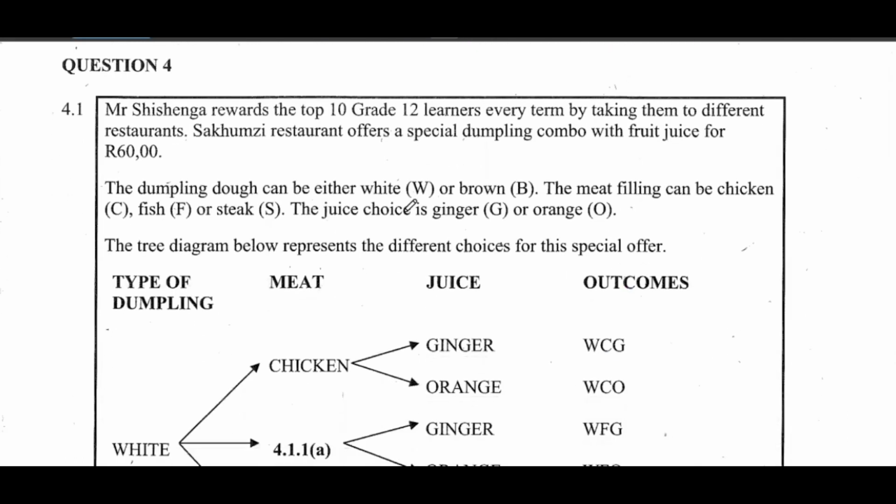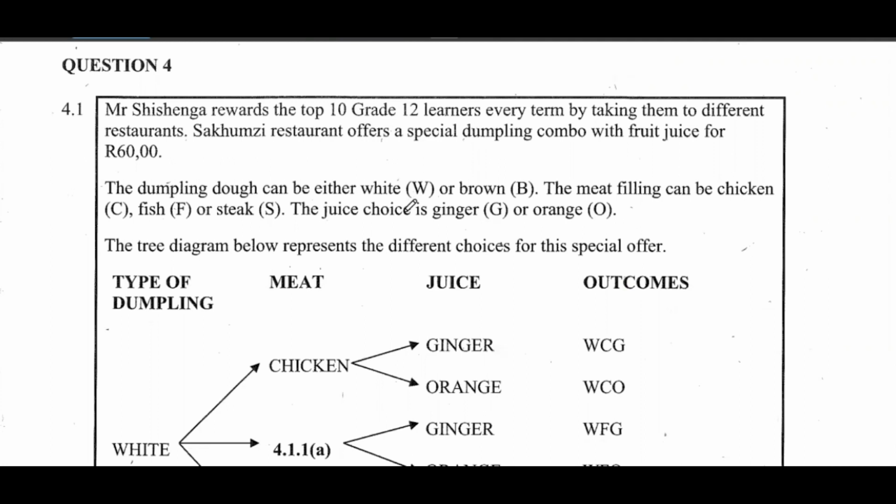Question number 4 says Mrs. Kashengi rewards the top 10 grade 12 learners every term by taking them to different restaurants. Skumuzi restaurant offers a special dumpling combo with fruit juice for 60 rand. The dumpling dough can either be white or brown.